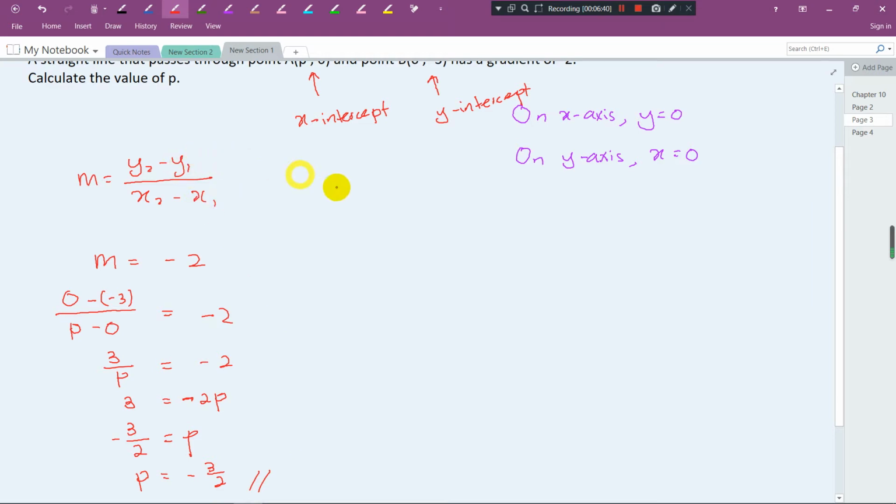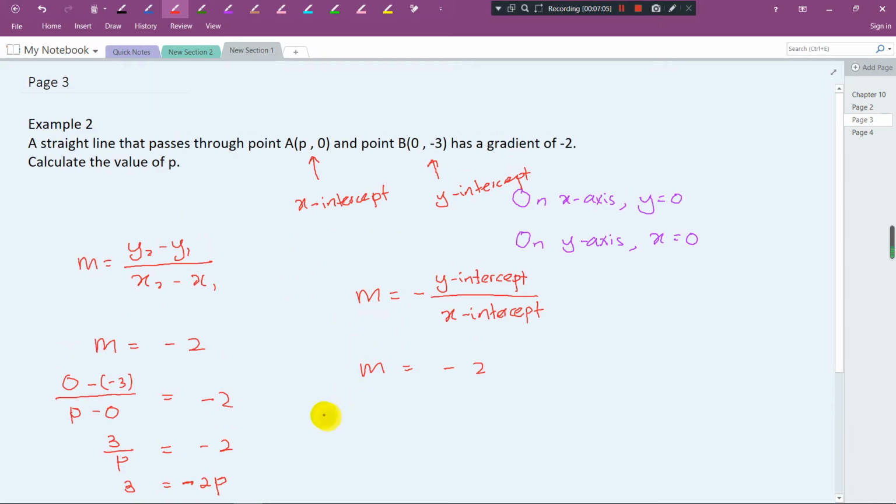If you don't want to use this formula, we can use another formula. Gradient is equal to negative y-intercept over x-intercept. So now the gradient is -2. How do we get the gradient? Negative y-intercept, -3, over x-intercept p, equals -2.